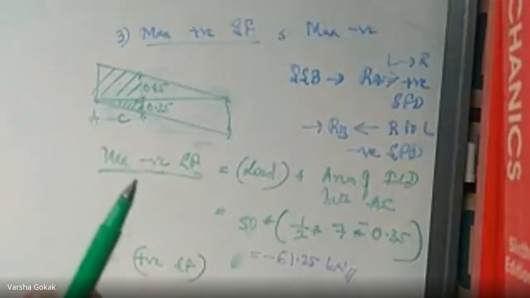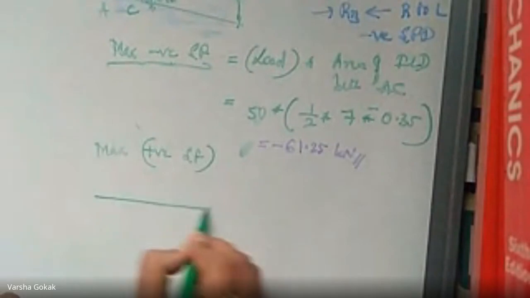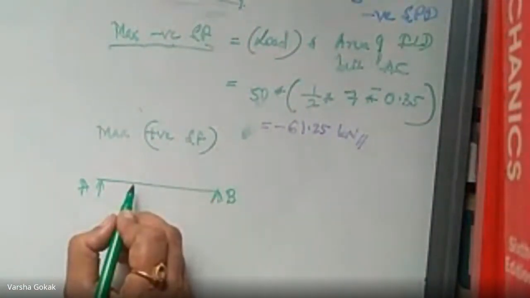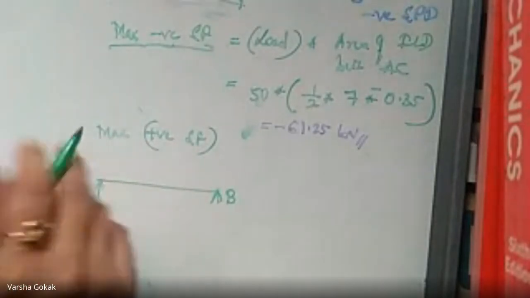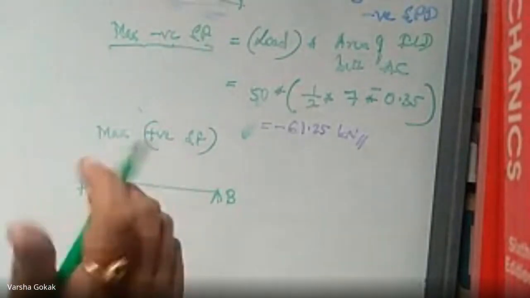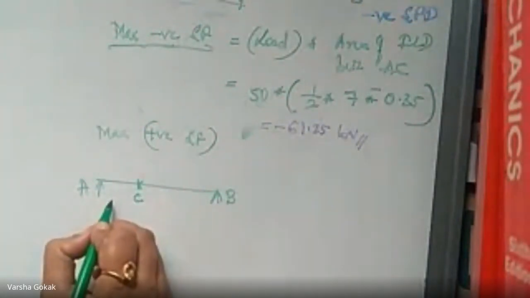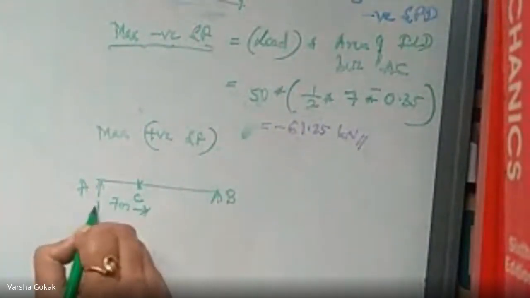So we will position it like this now. This is A, this is point B, and our UDL is acting for 7 meters. So point C is here. This is 7 meters.